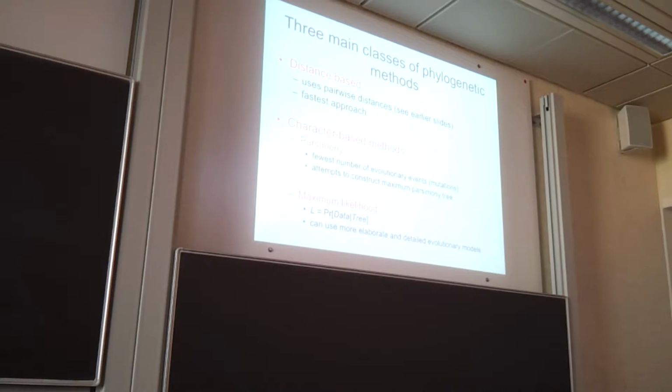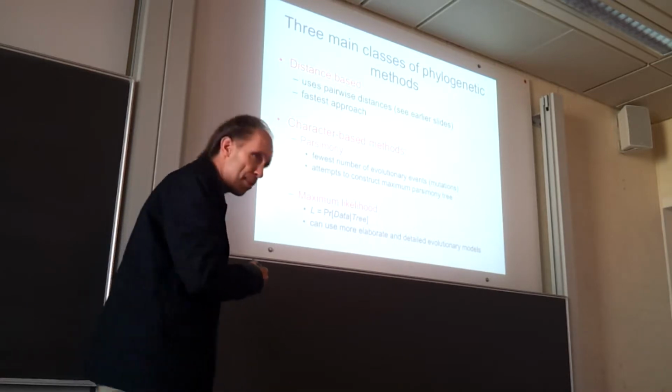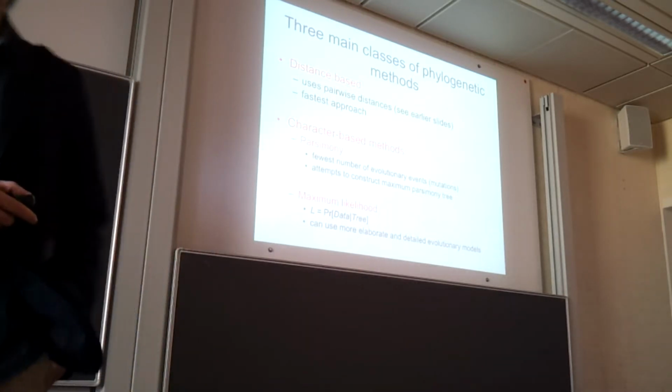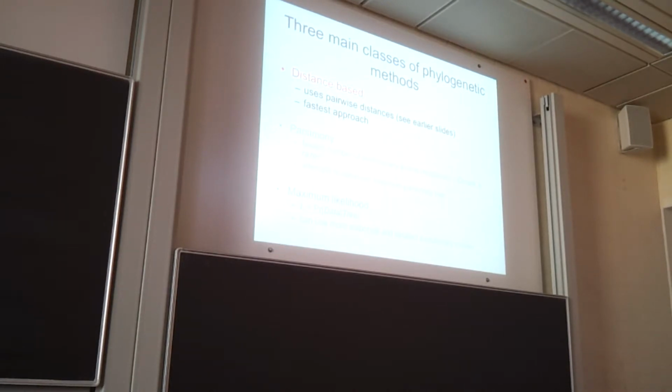We've done most of those, luckily. And then we get into the fighting lot, character-based methods, with a subdivision in two, distance and character-based. But the subdivision under character-based is two main classes, parsimony methods, maximum parsimony, and another class of methods that you've seen before in other guises, maximum likelihood. Yeah? And even Bayesian will be part of that. Okay, so let's do the first bit, distance-based.